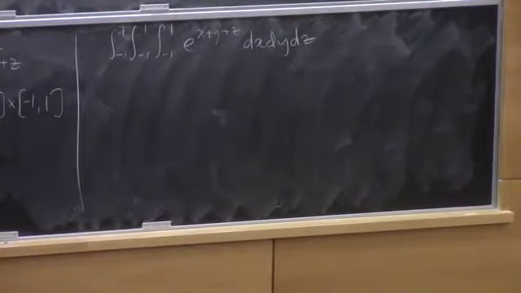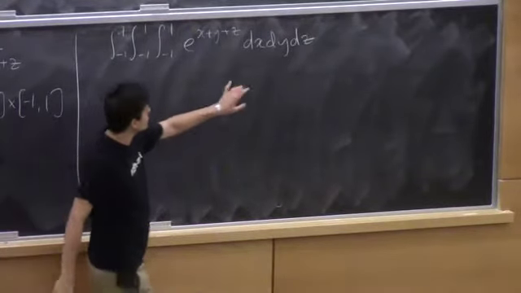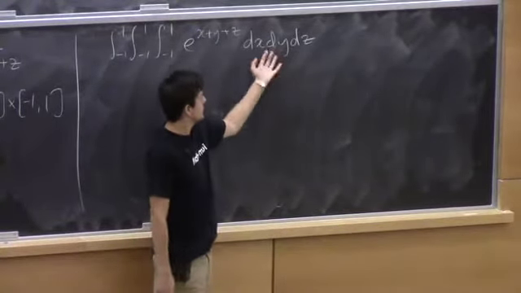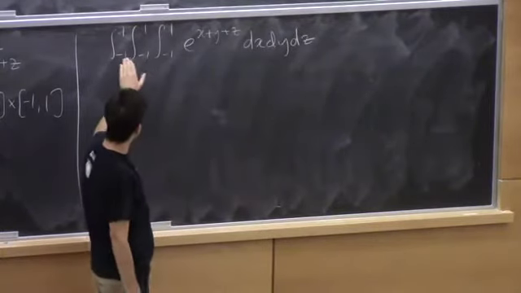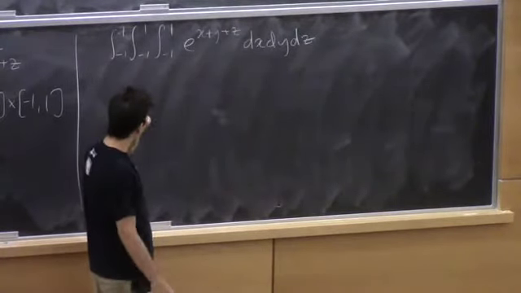Our bounds are all totally symmetric here, so we could put any order of integration we wanted, right? Because our bounds are all the same, we're a cube.